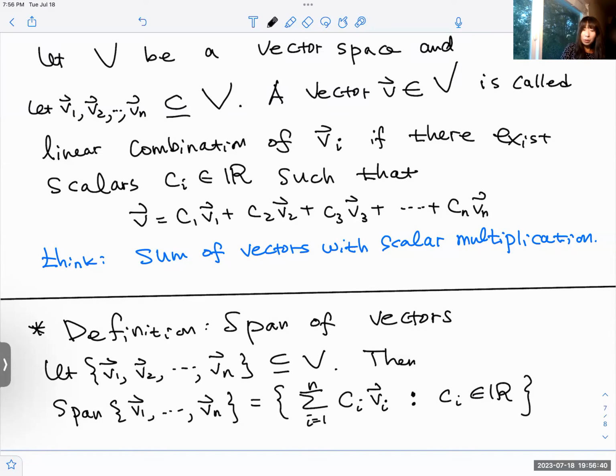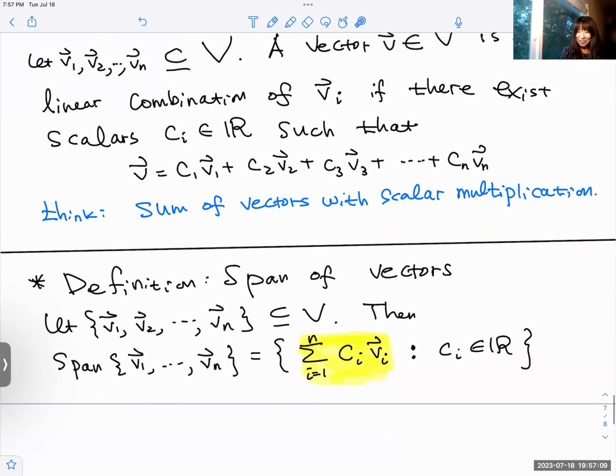Okay, can anyone recognize this? What is this? The sum? No, I mean this one. I mean everything. Can anyone recognize this?